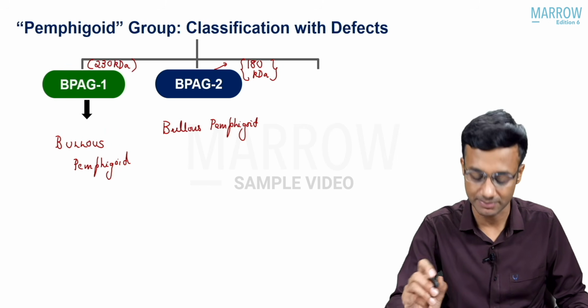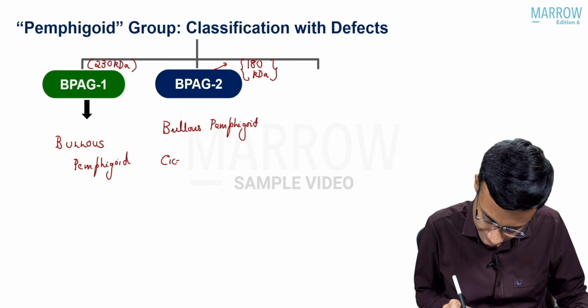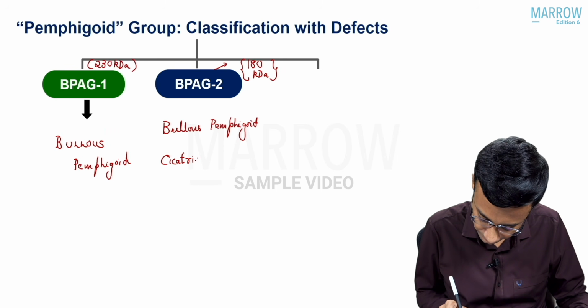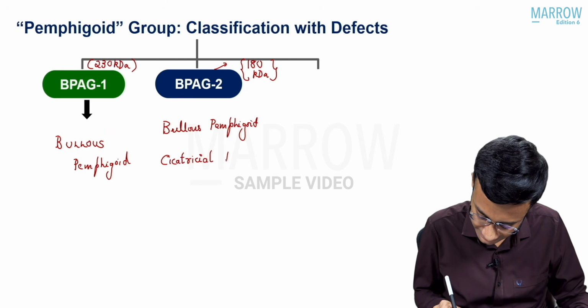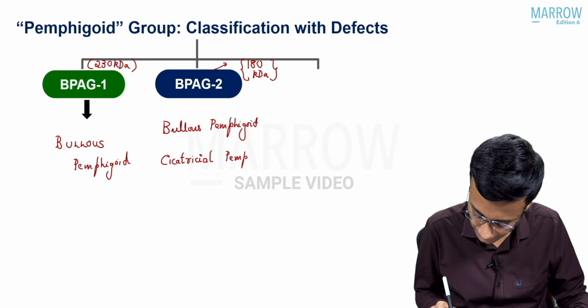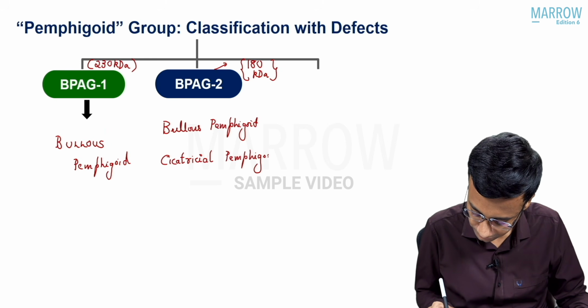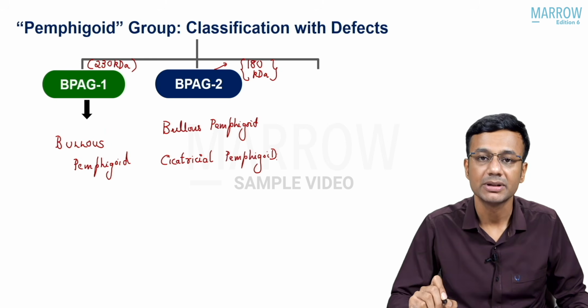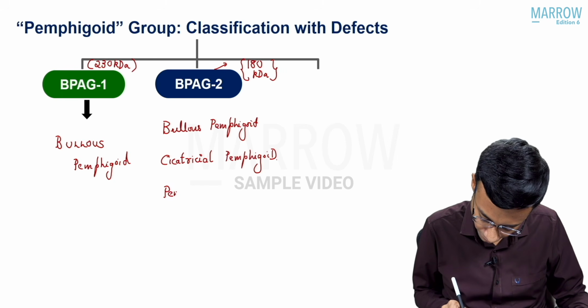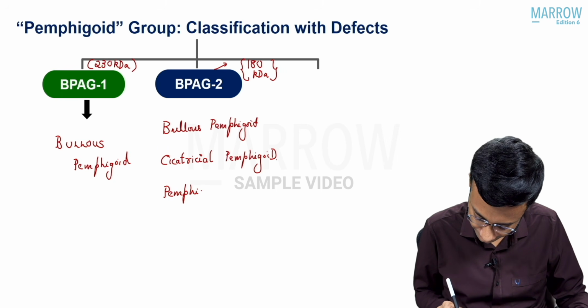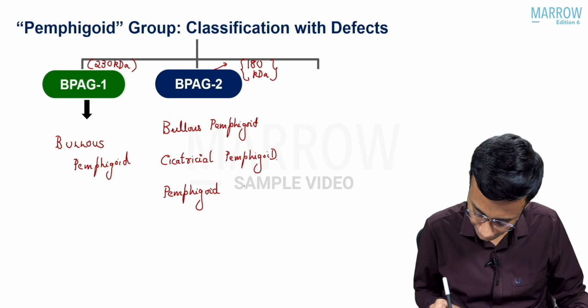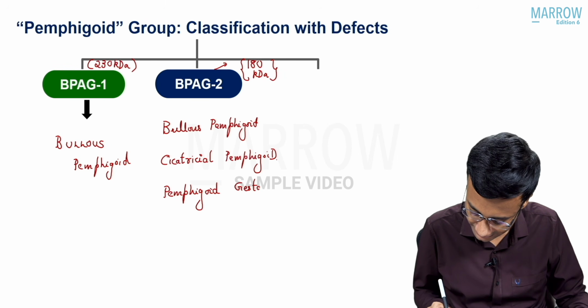Number 1, bullous pemphigoid. Number 2, cicatricial pemphigoid. Number 3, pemphigoid gestationis.